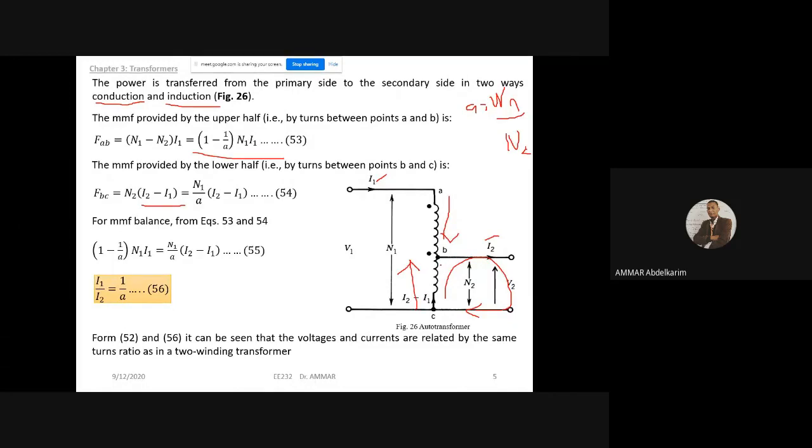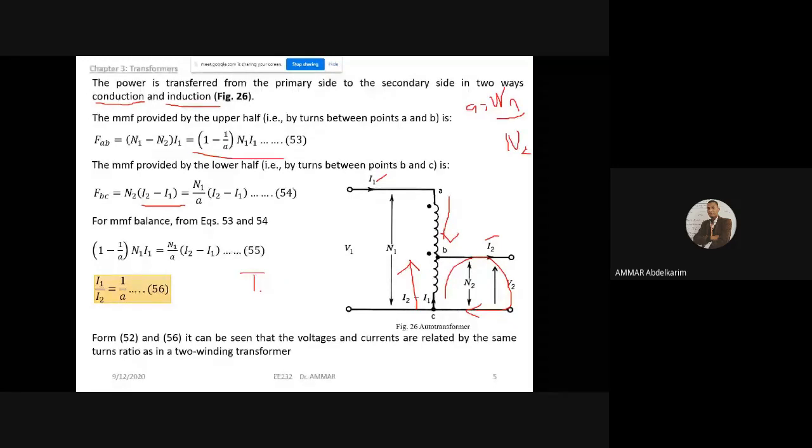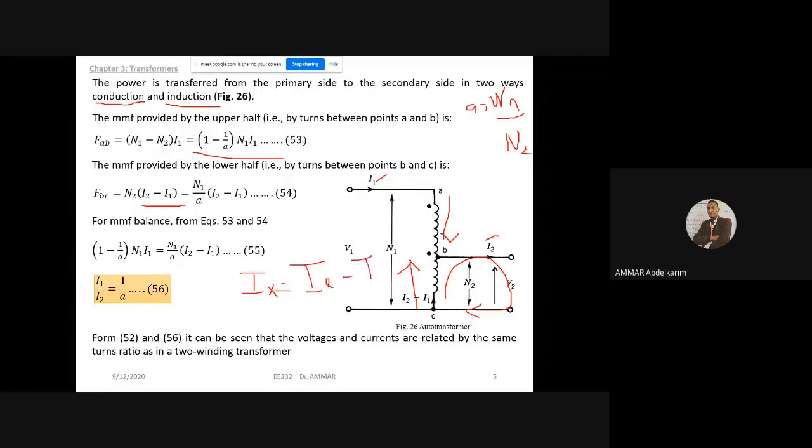That's why the current in this coil is in this direction. And this current we can call Ix, for example, which equals what? It equals I2 minus I1. I2 is the load current, or the secondary current, and I1 is the source current, or the primary current.